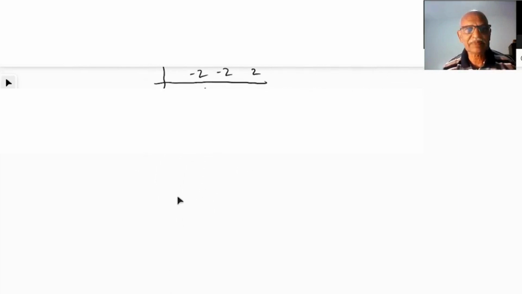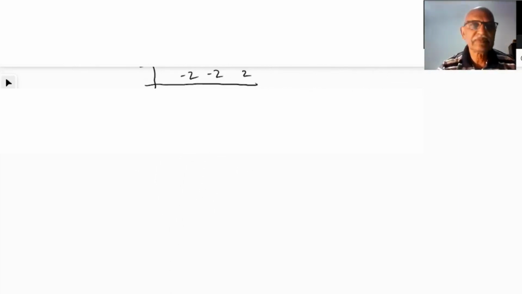Okay, let's see another example. Factor 2x cubed minus 3x squared minus 11x plus 6. We always look at the last number.